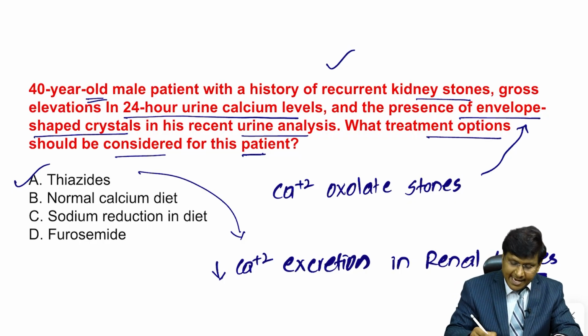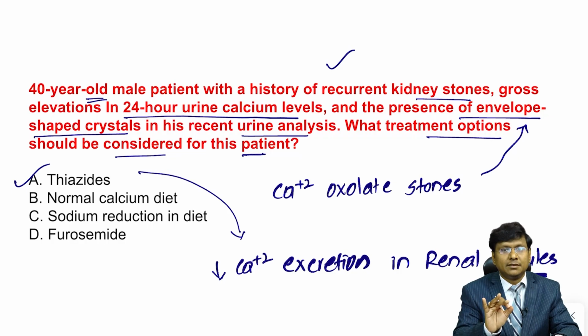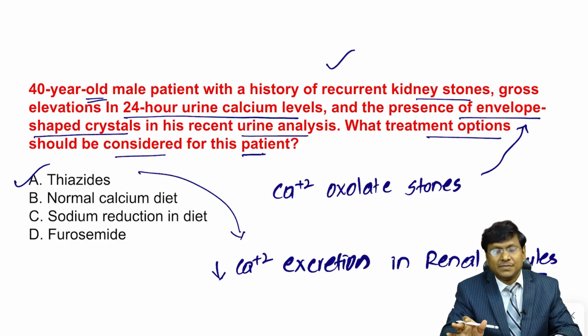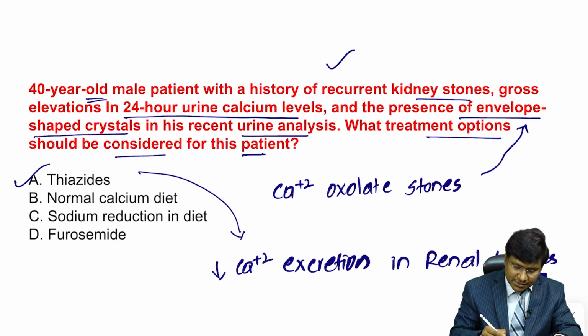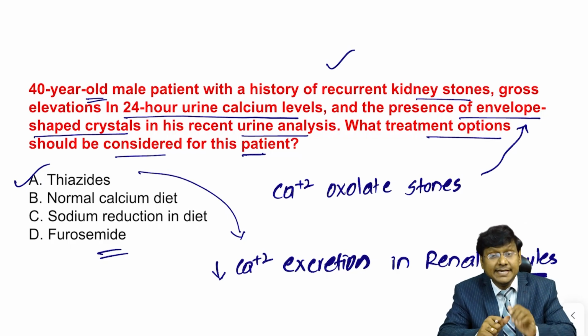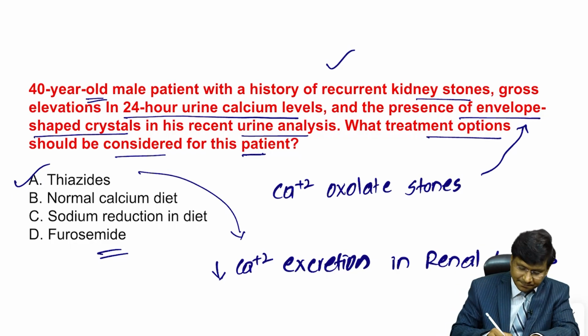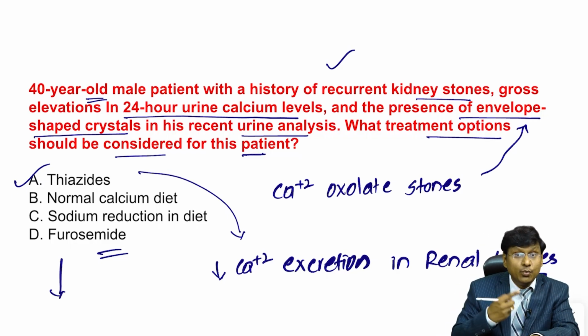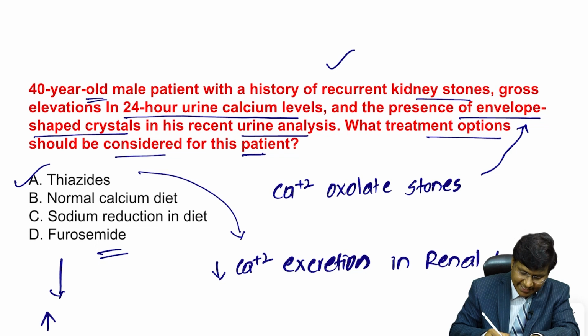All right, and the most common cause of calcium oxalate stones is idiopathic. Like, we don't know what exactly is the cause. Whereas you take furosemide. Furosemide is a loop diuretic. It is contraindicated with hypercalciuria. Why? Because furosemide will increase the urinary calcium excretion.